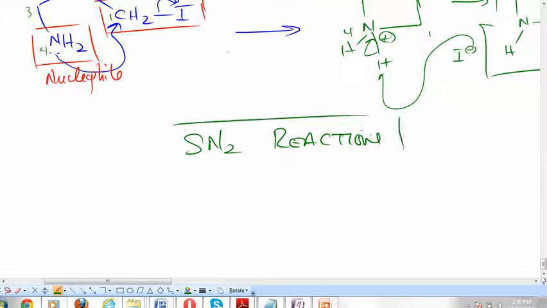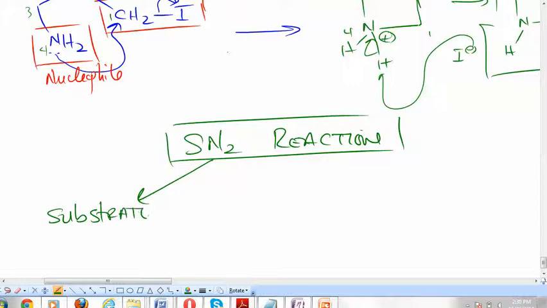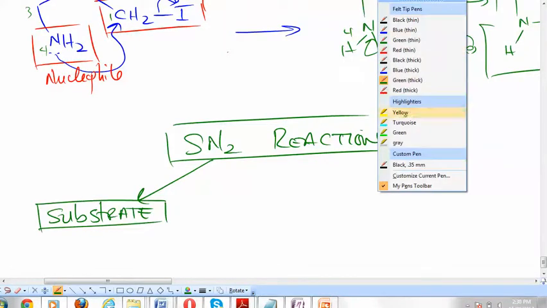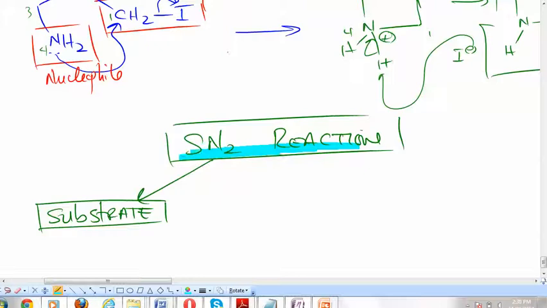First of all, when we look at the substrate, what kind of substrate did we want? A methyl or a primary. We can also have secondary. We just couldn't have the tertiary.